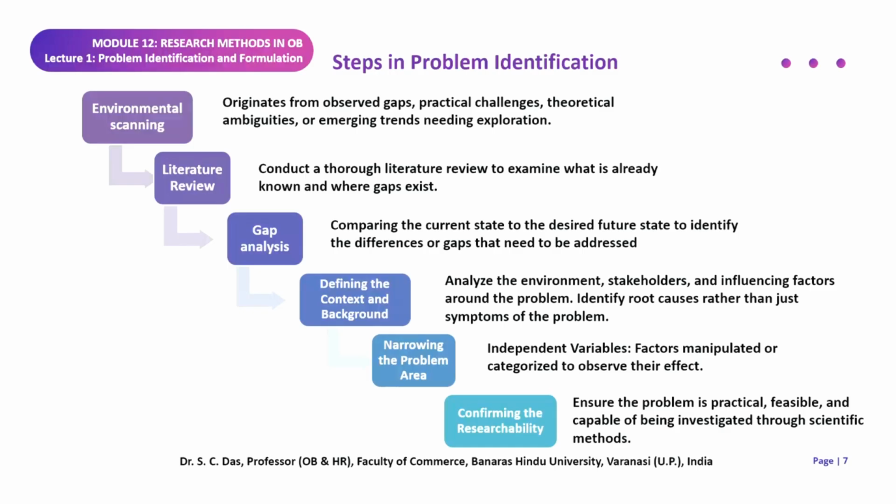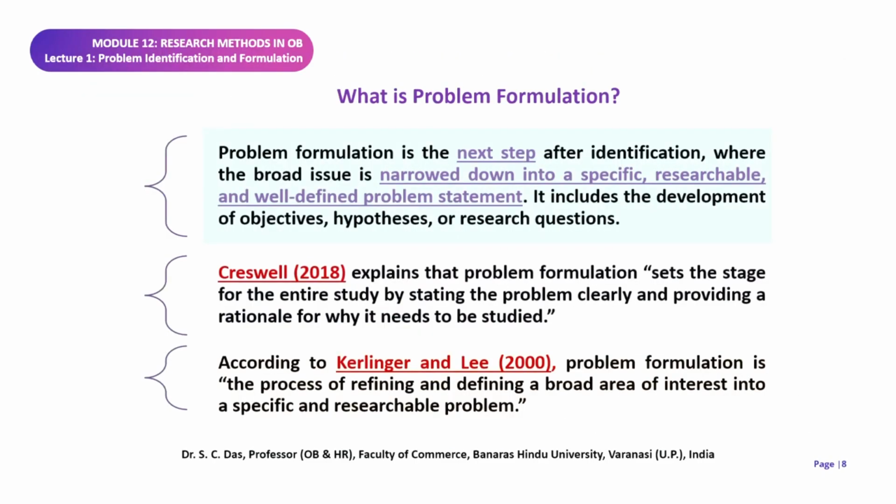So these are all the things for problem identification. Once you identify the problem, then you formulate the problem. Problem identification means you have identified that particular area to be researched. There are so many sources from which we can get the idea, or you can define the area to be researched yourself. What is problem formulation?